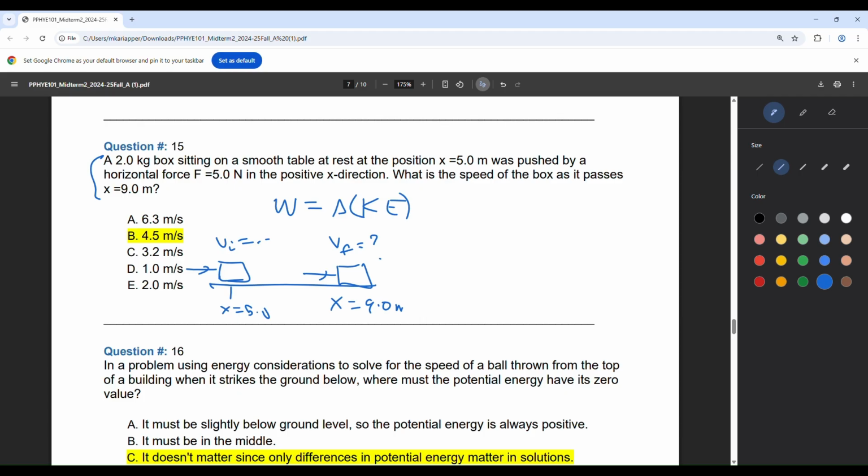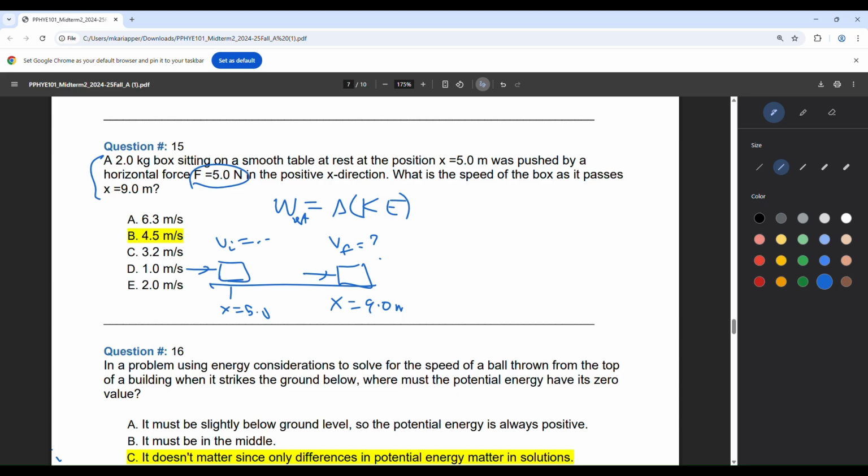Now it is the time to apply our theorem, which tells you if you do some work using this force, calculate the work done by that force, that is equal to the change in the kinetic energy. So of course this is the net work, but here there are other forces that will do work, but they are all vertical forces. The displacement is horizontal, so the only work will be the work done by this applied force of 5 Newton.